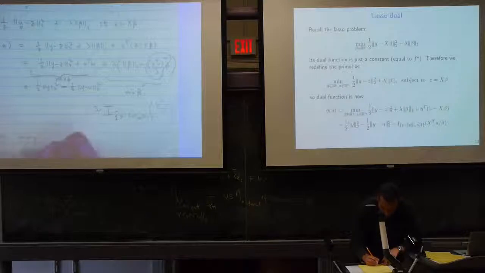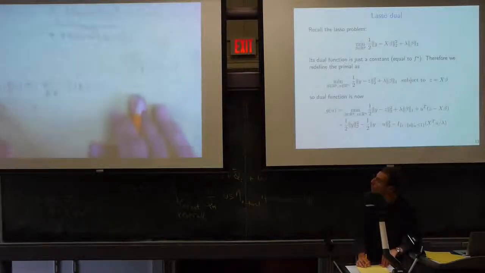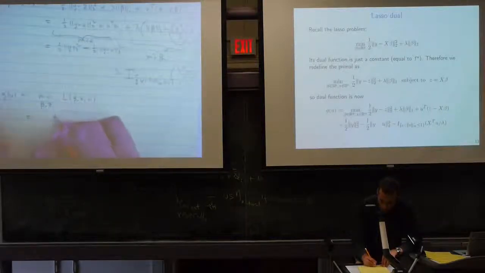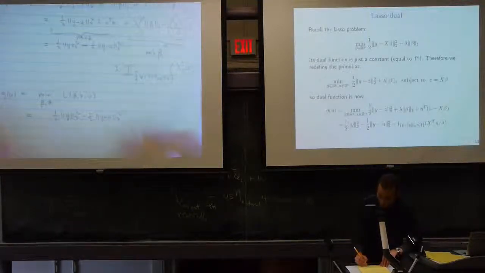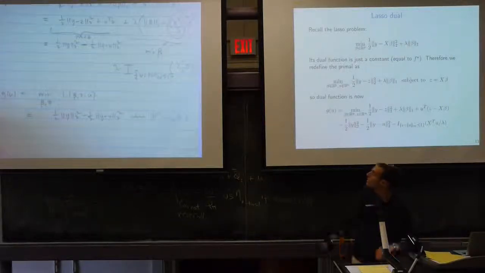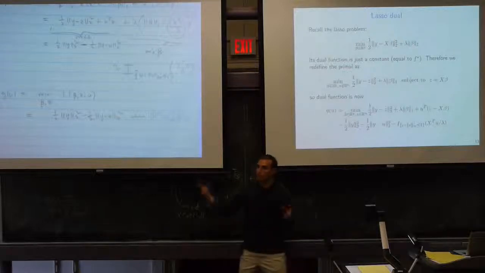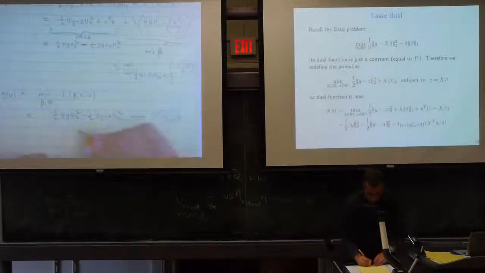It's the minimum over beta and z of L of beta, z, u. It's equal to 1/2 y squared minus 1/2 y minus u squared when I have x transpose u having infinity norm less than or equal to lambda. That's another way of just saying x transpose u over lambda has infinity norm less than or equal to 1. And otherwise, it's infinite.